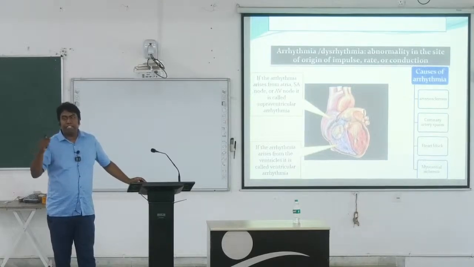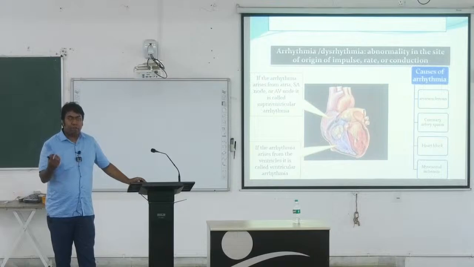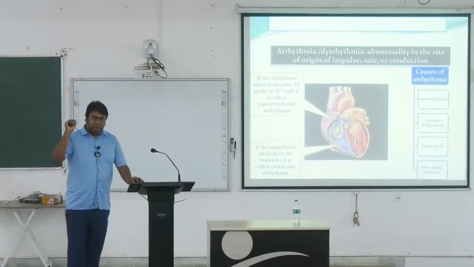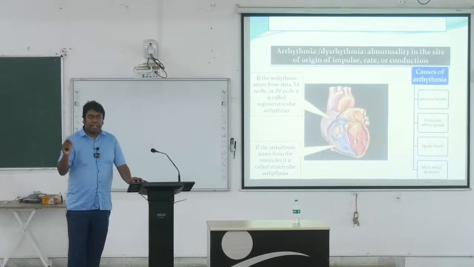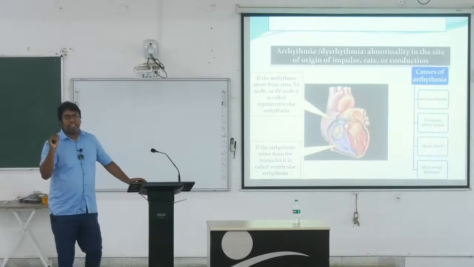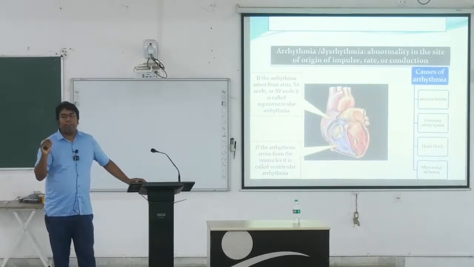Whereas if the impulse is generated in the ventricle, it cannot be reduced. So if there is an increased number of impulses, what happens? The cardiac output will be less, because if the left ventricle contracts 130 times in a minute, it will not be able to produce adequate cardiac output.